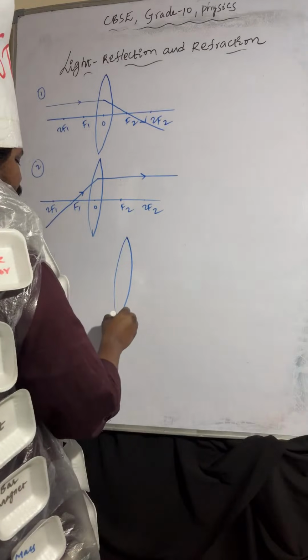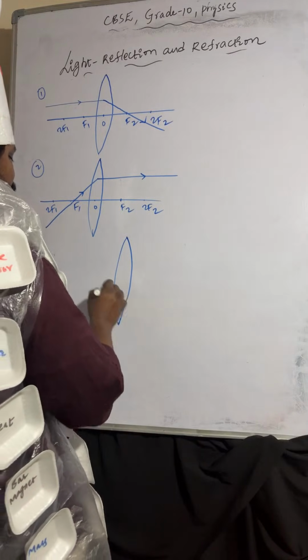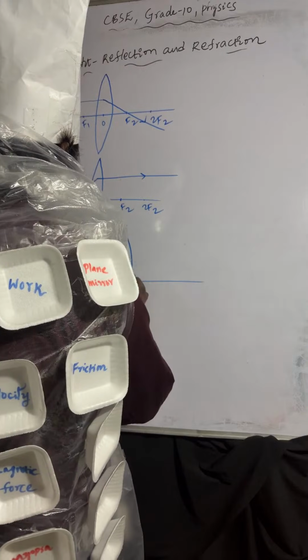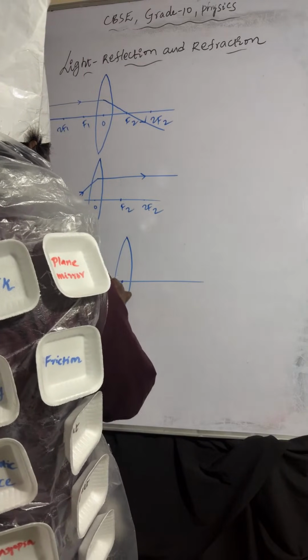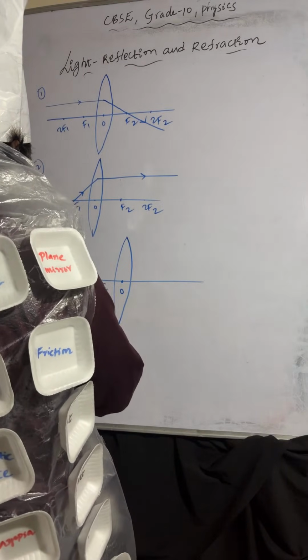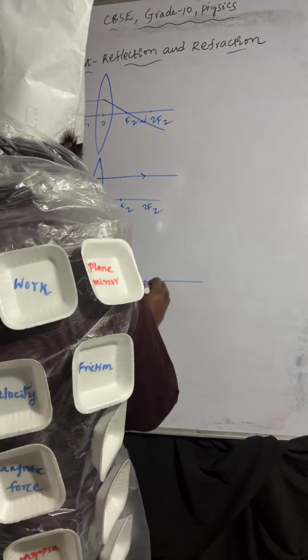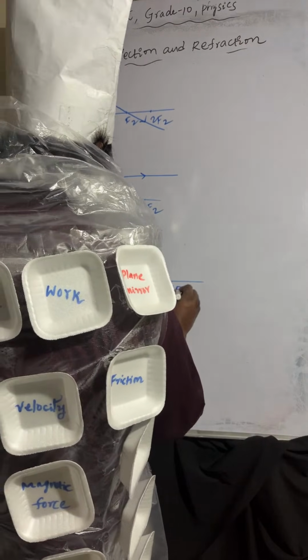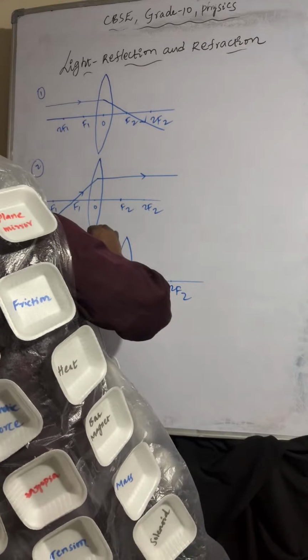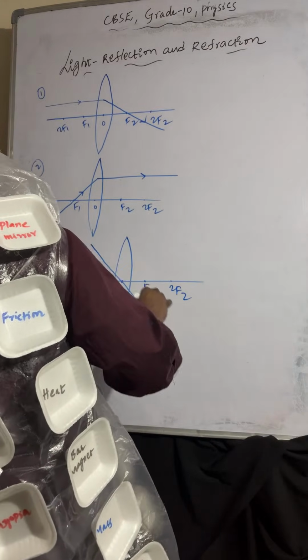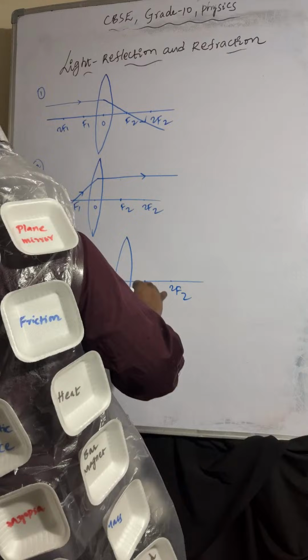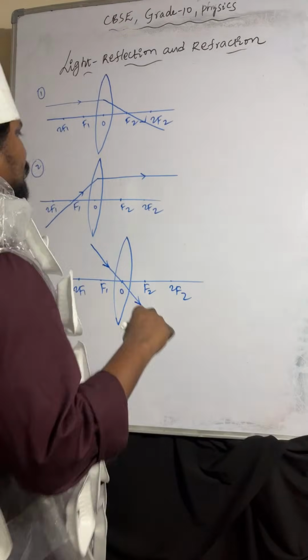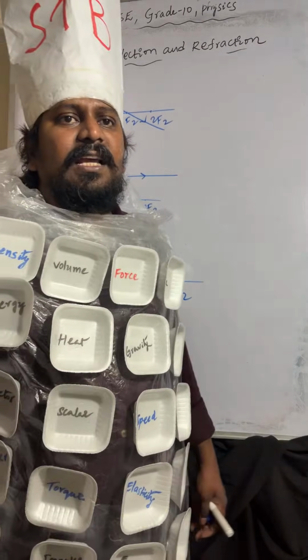So here you can observe one more. Light rays, optic center, f1, 2f1, f2, 2f2. So light rays passing through optic center, no deviation takes place.